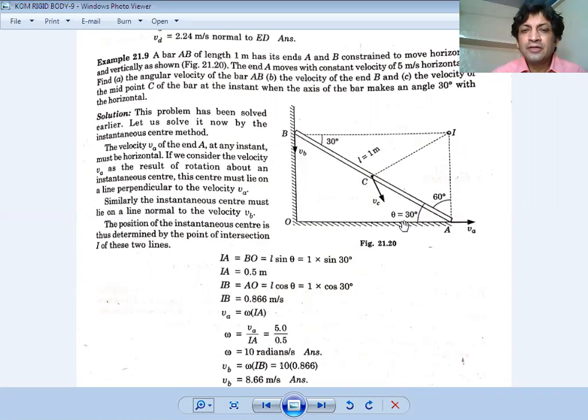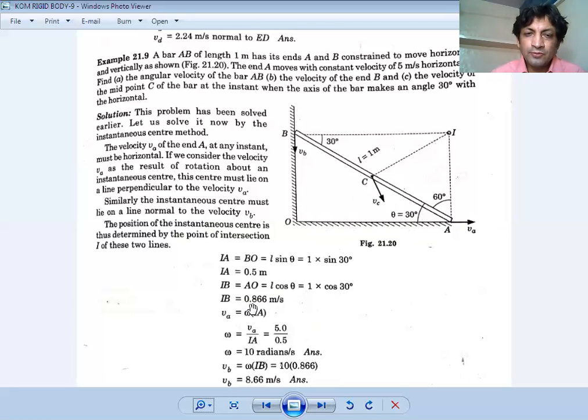Theta here is 30°. So 1 into sin 30°. The value of L is given, L is equal to 1 meter. So we calculate IA is equal to 0.5 meter. Similarly, IB or AO: AO is equal to L cos 30°.